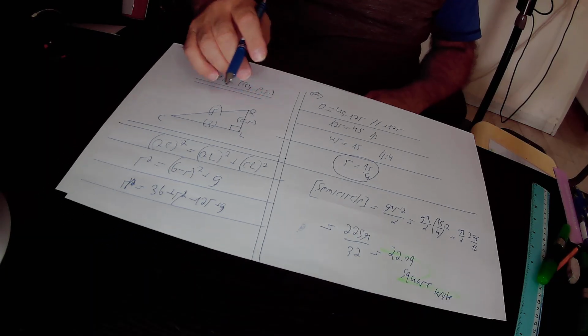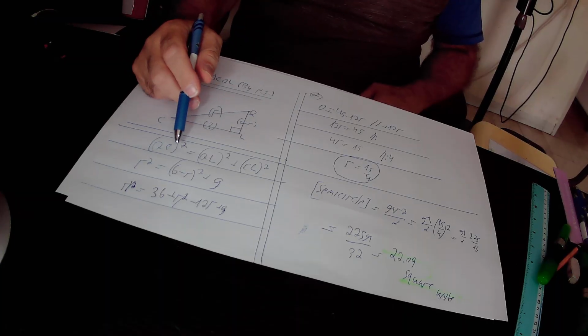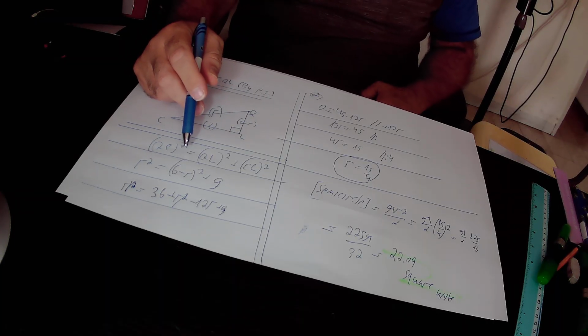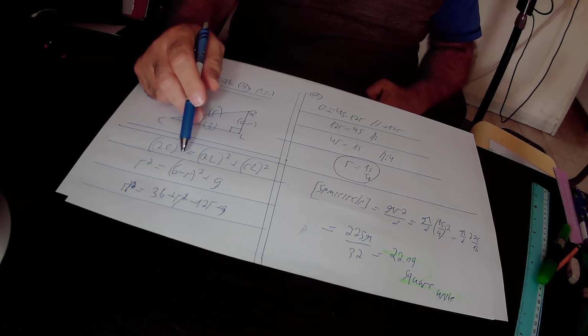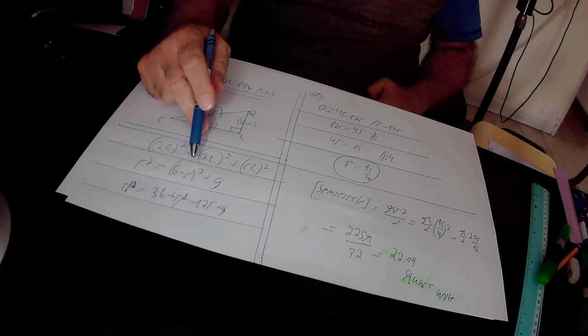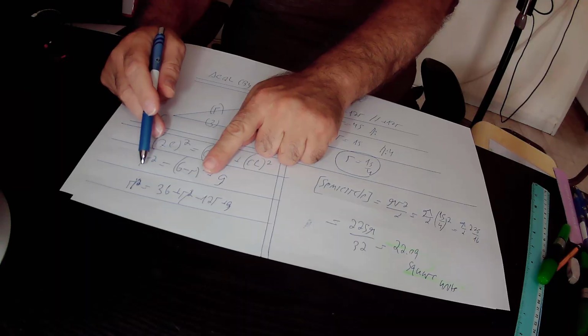So in total, R squared equals 6 minus R squared plus 9. Here we open the brackets of this expression, and find out that 6 minus R squared equals 6 squared, that is 36, plus R squared, minus 2 times 6 times R, that is minus 12R, plus 9. We have R squared on both sides of this equation, so R squared is cancelled.